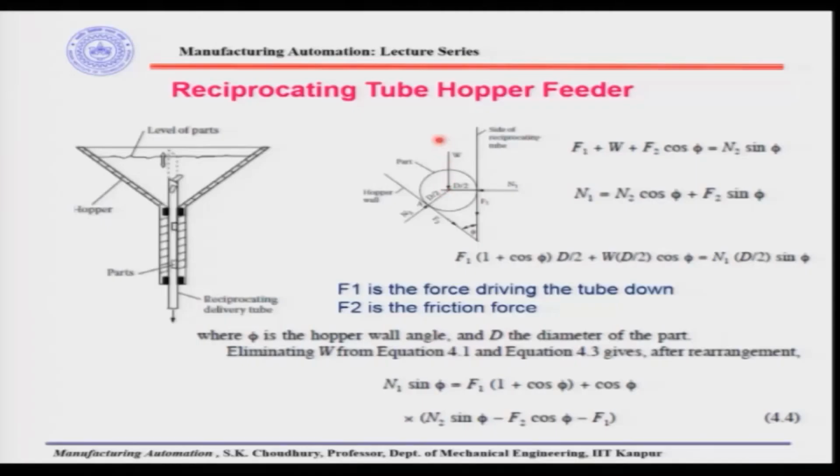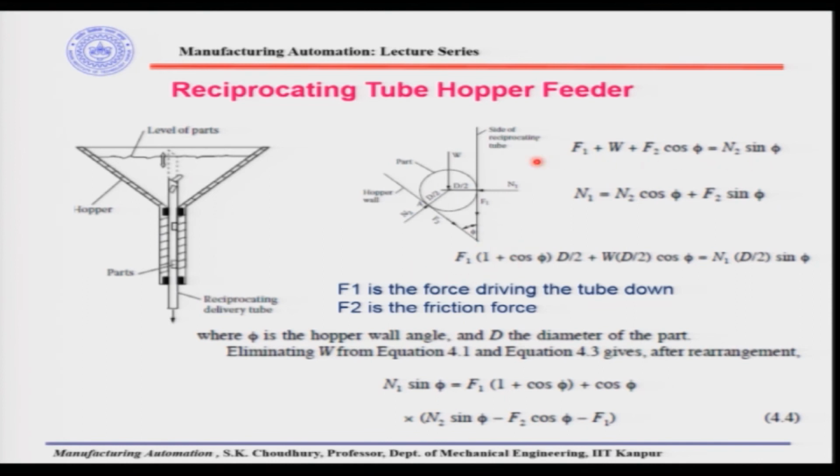Let us say this is consolidated as W. D by 2 is the radius of the part. Phi is the angle between the side of the reciprocating tube and the hopper wall. Okay. So, then in this case let us see the equilibrium equation.